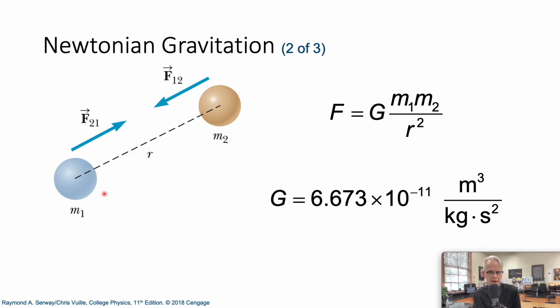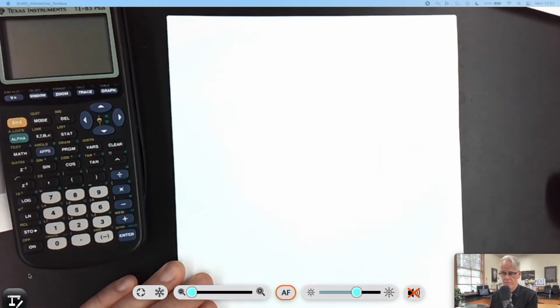Another important fact is that the gravitational force exerted by a uniform sphere on a particle outside that sphere is the same as the force exerted as if the entire mass of that sphere were concentrated at its center. Let's try solving a problem using our new equation.